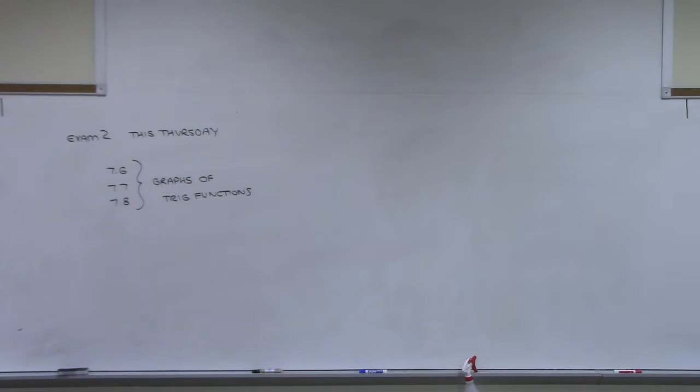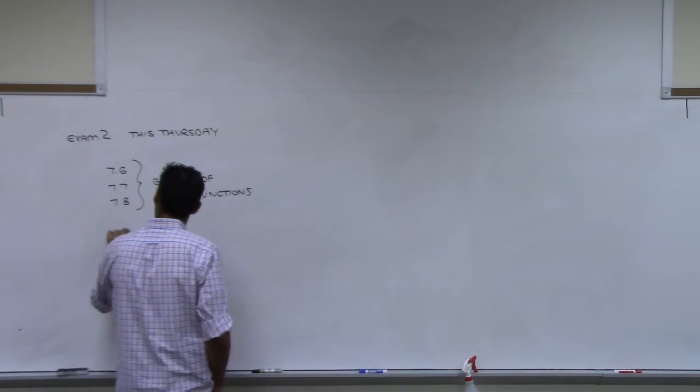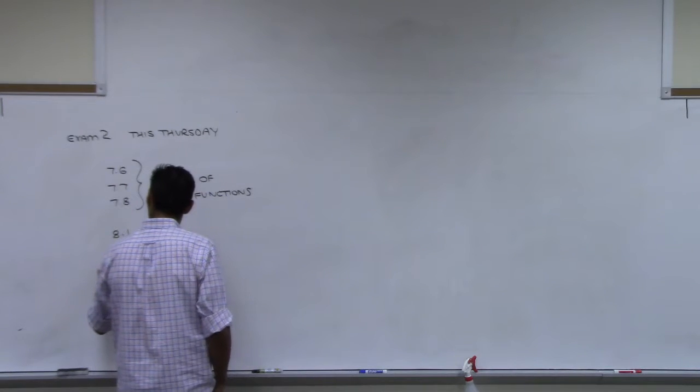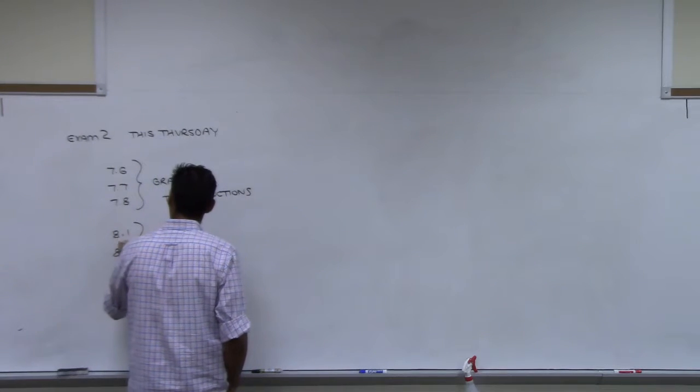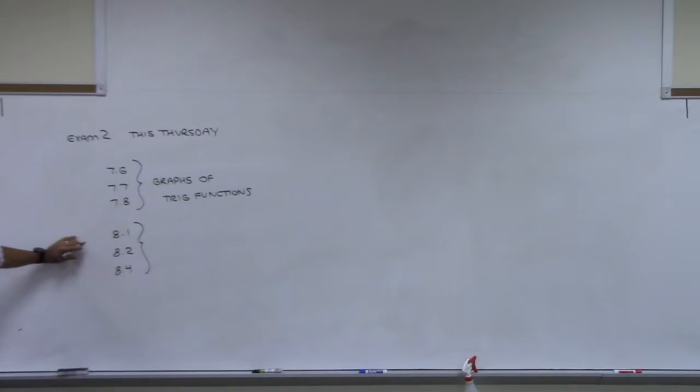And then after that, 8.1, 8.2, 8.4. All right, so let's see. 8.1 was the inverse trig functions: arcsine, arccosine, arctangent. 8.2 was the rest of the inverse trigs.